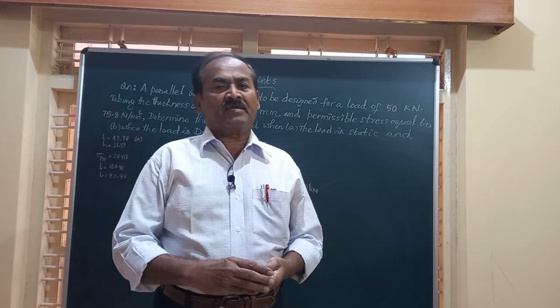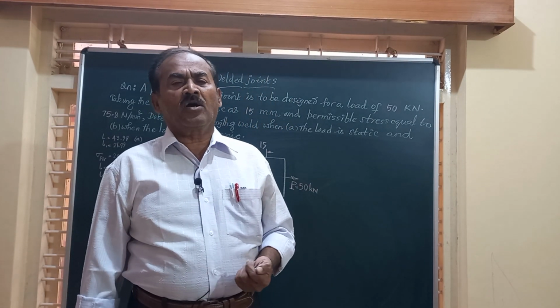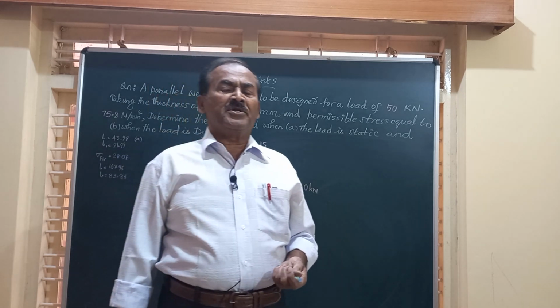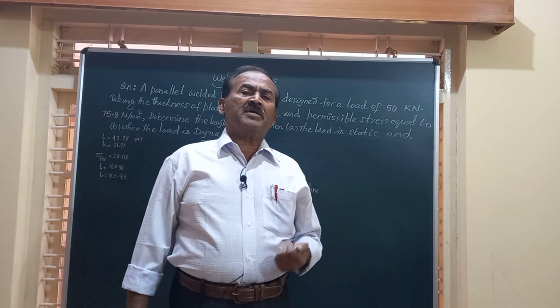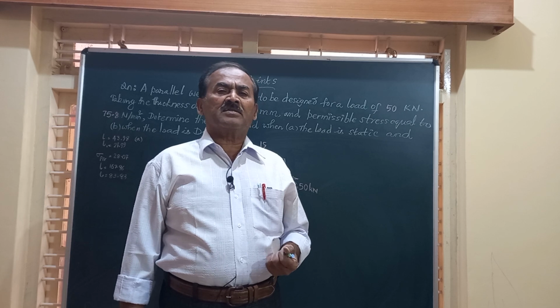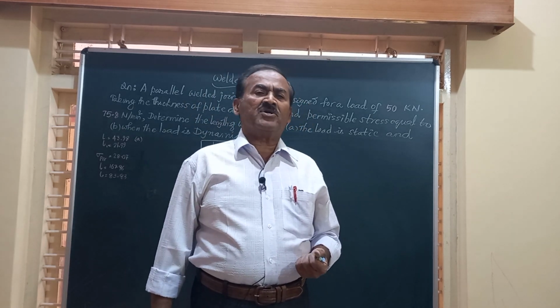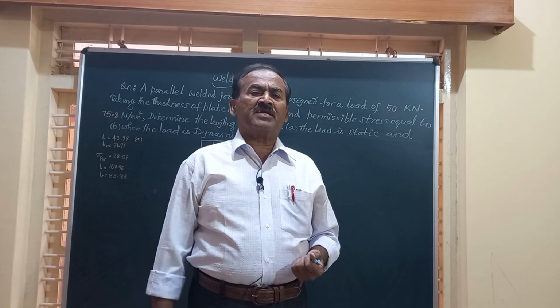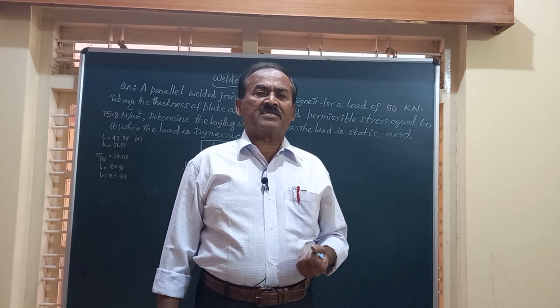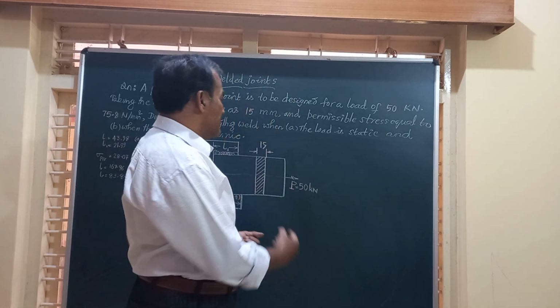Myself, Professor M.H. Annaya, and in today's video, we are going to design a parallel fillet welded joint which is subjected to an axial load as shown in the figure.